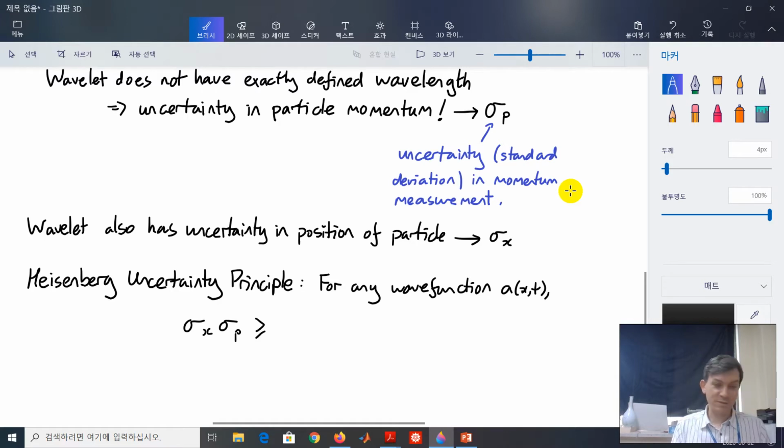And that particular value is actually the reduced Planck's constant, h bar, divided by 2.